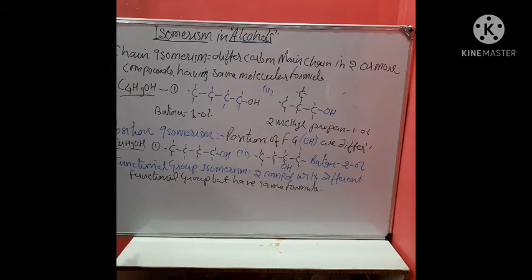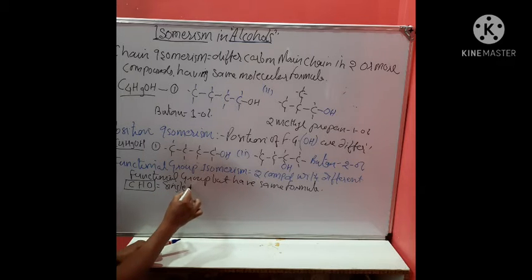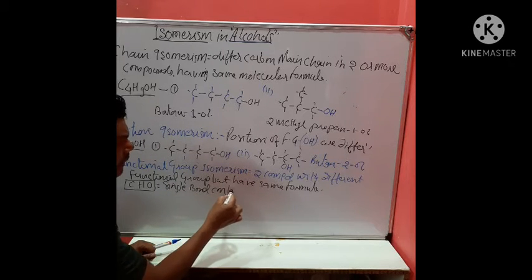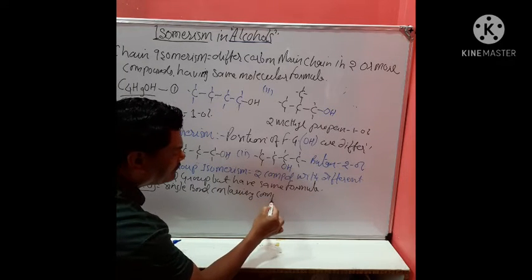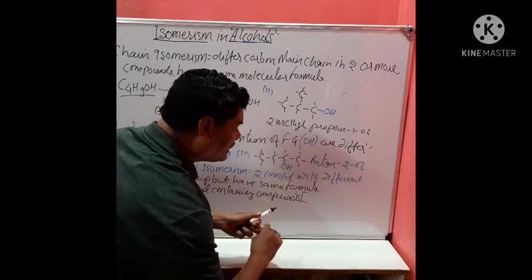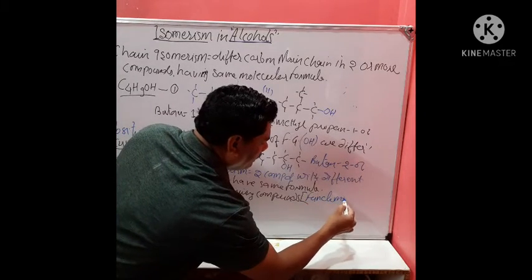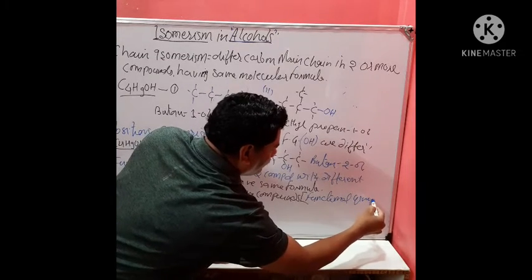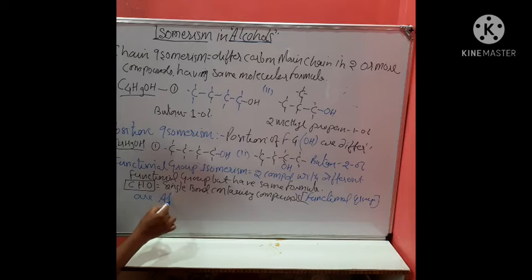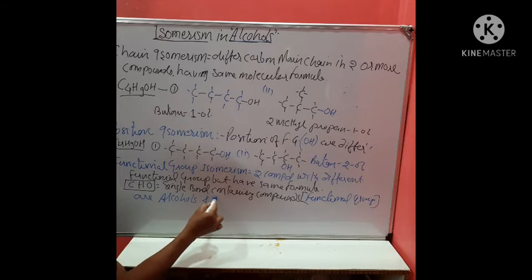Okay, student, to find this type of isomerism, we have to search for two compounds which are made up of the same type of atoms and also have single bonds. So the same type of atoms, suppose C, H and O, these three atoms, and single bonds. Such compounds contain the functional groups alcohols and ethers.